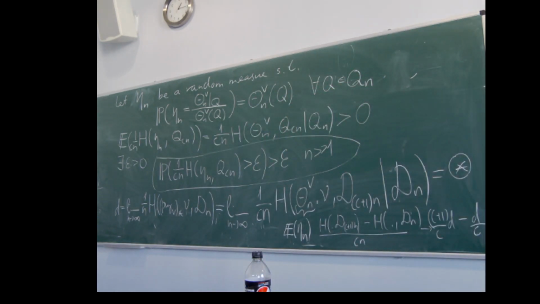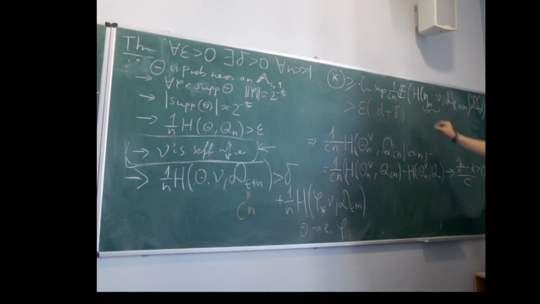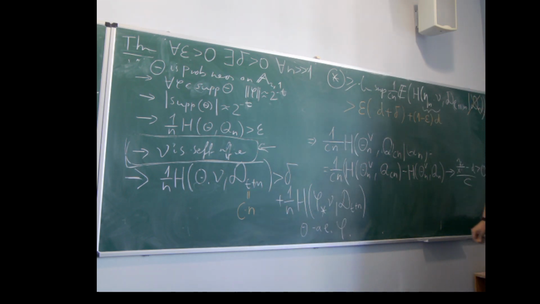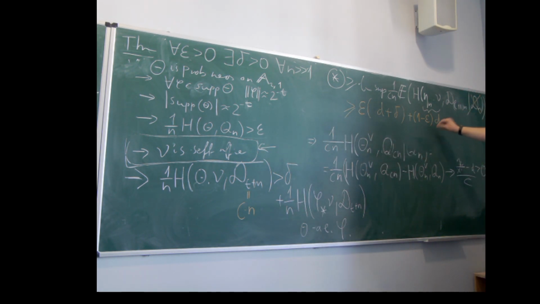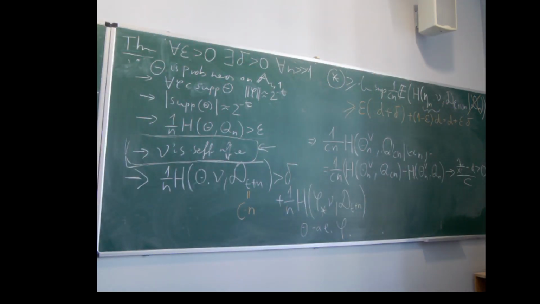What about the other part? Well, I have absolutely no idea. But I know one thing, that the entropy cannot decrease. So on the remaining part, its entropy must be at least d. What did we get? This is d plus epsilon times delta. The entropy growth, although it should not have.